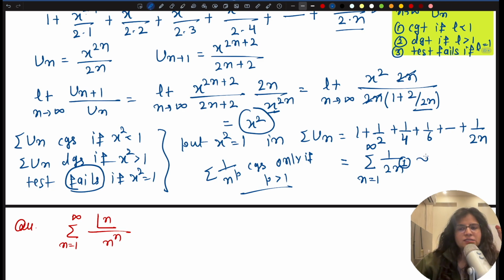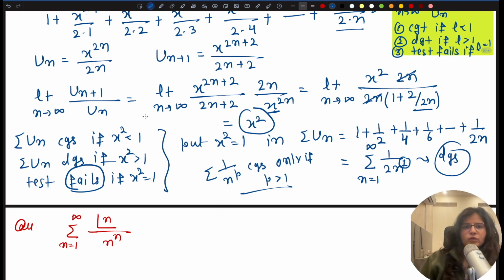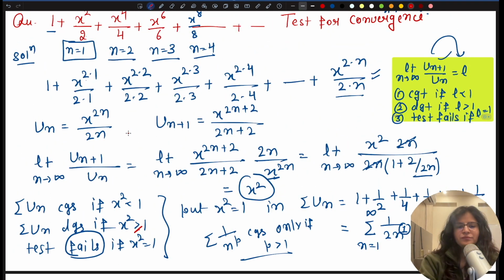So it implies this series diverges. ठीक है, तो when x square is equal to 1 then the series diverges, है ना. तो यहाँ पर आप equality लगा दो. The series diverges if x square is greater than or equal to 1 and converges if x square is less than 1. So you can note it down.